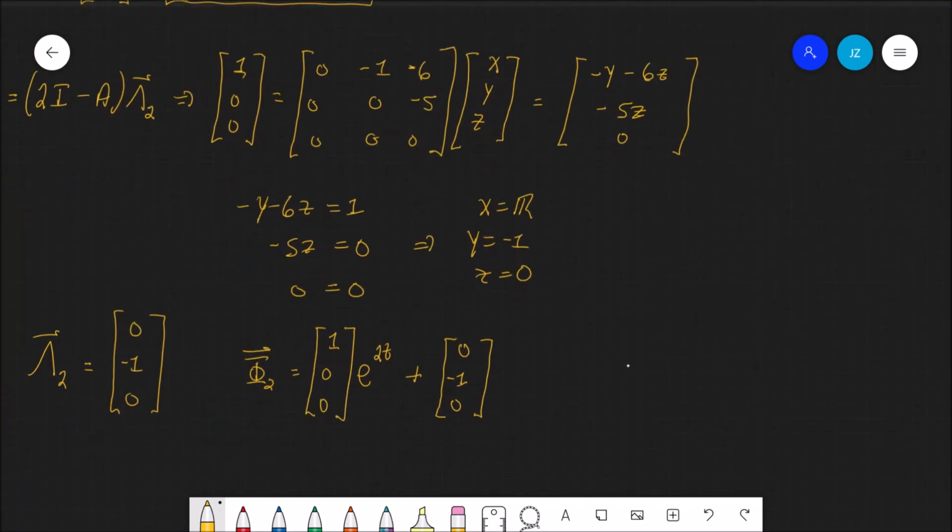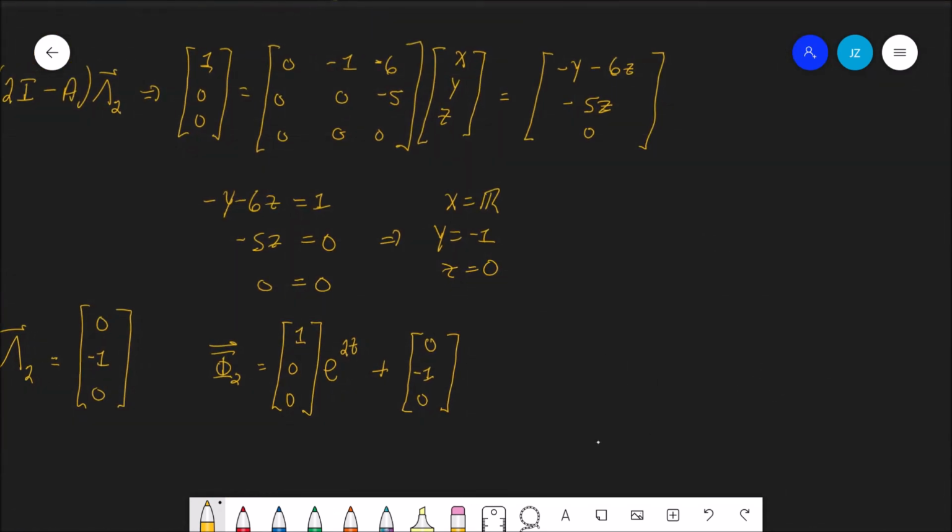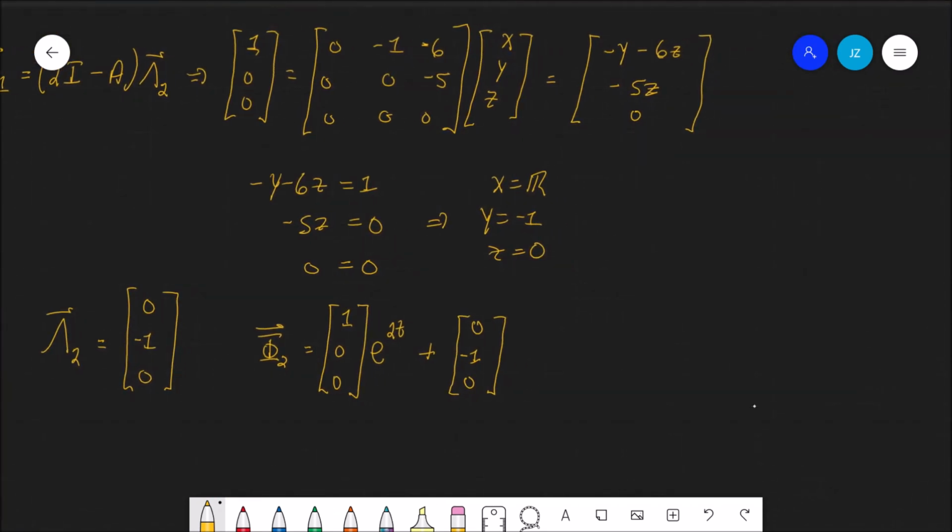So t to the 2 minus 1 is just t. And so this becomes t e to the 2t, because 1 factorial is 1. And so here's our second solution vector.